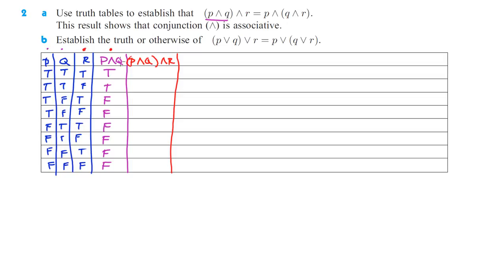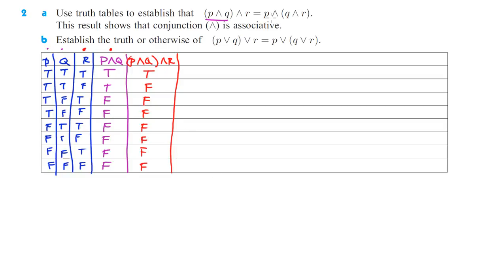So again, this is P and Q, that's this one. So as long as they're both true, then we're okay. So it's these two red ones. So true, true is true. False, true is false. True, false is false. False, false is false. True, false is false. False, false is false. True, false is false. And false, false is false. So they're all false except for the first one.